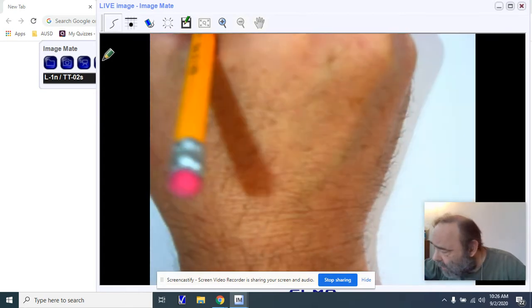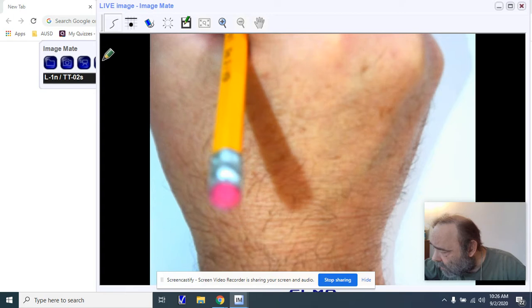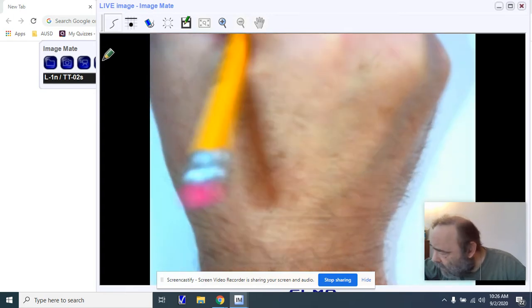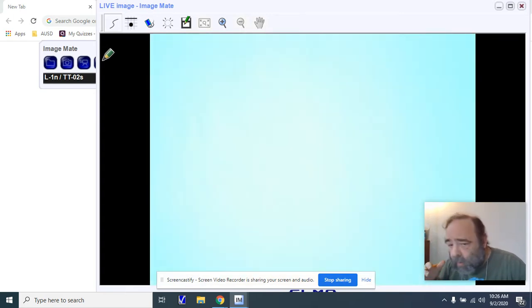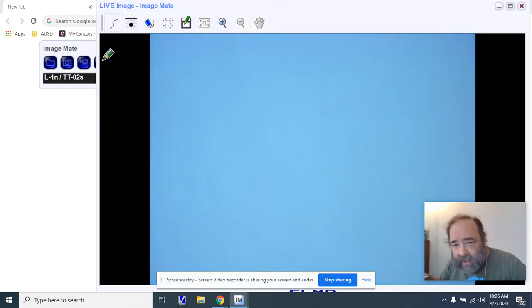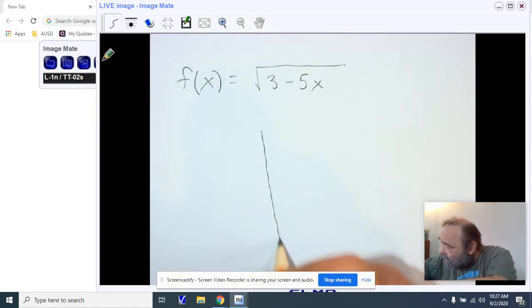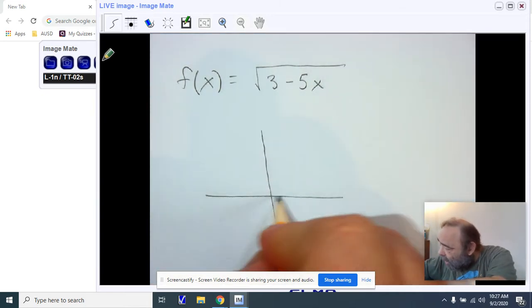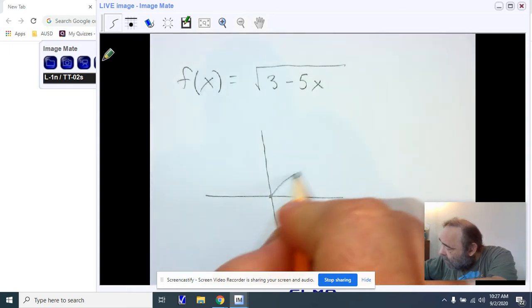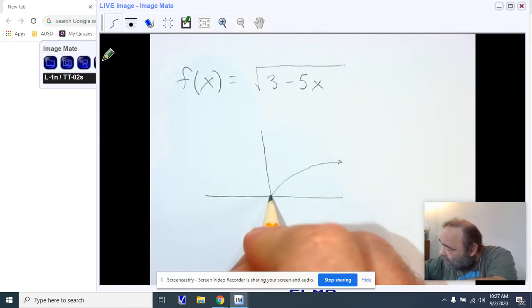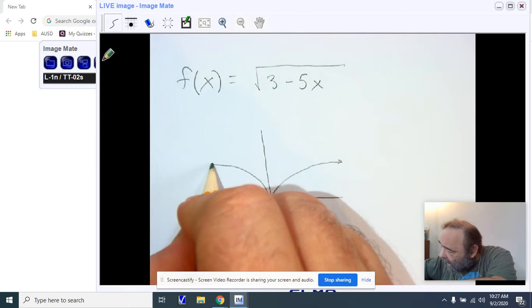Just like the logarithmic functions that we saw in the previous example, we're now asking ourselves, what's going on when we see this radical? Notice that a radical has two possibilities. It's going to start from a specific point and move to the right, or start at a specific point and move to the left.